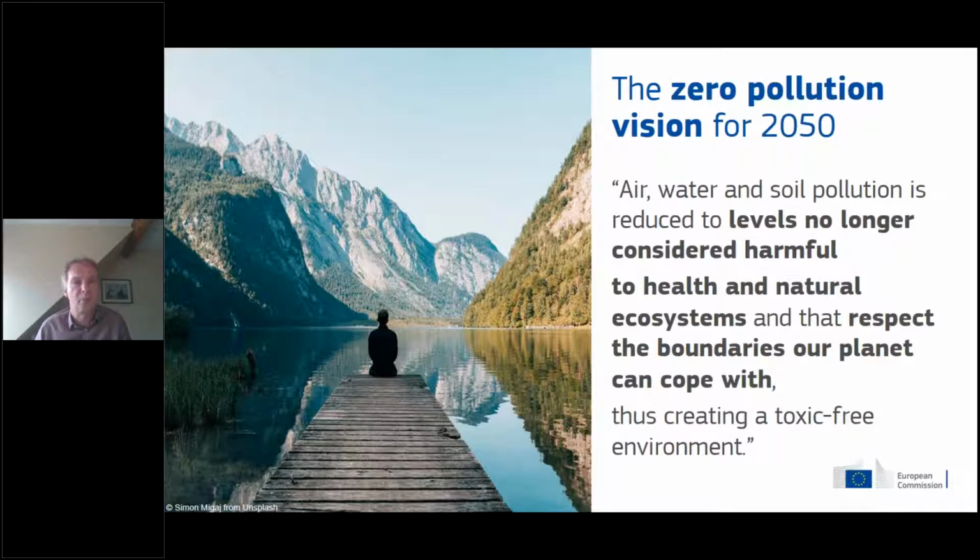So it's not about the absolute zero, which evidently is impossible, but it's bringing it down to levels that are sustainable for the planet, and that no longer pose risks to our own health, human health, and to the environment.